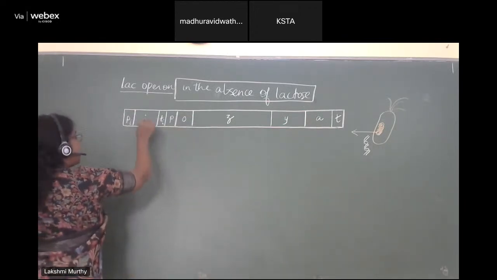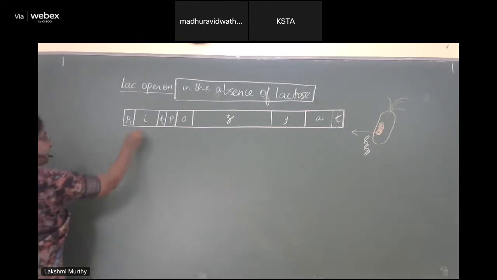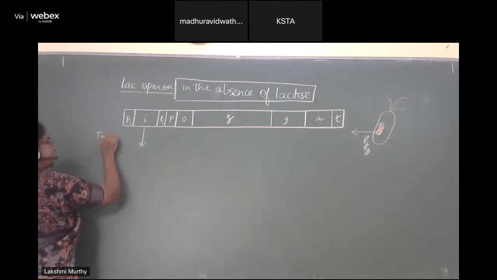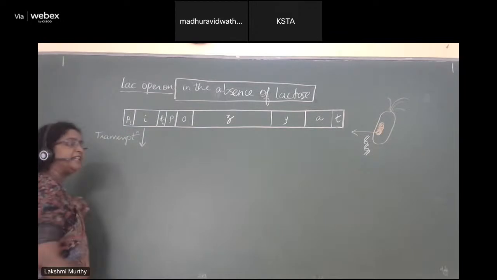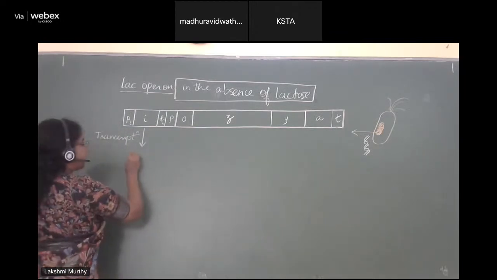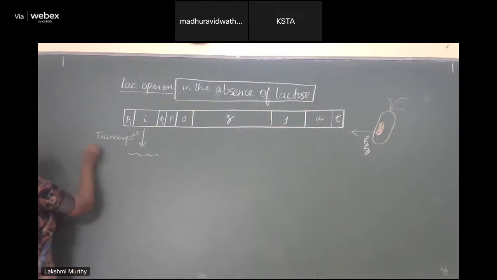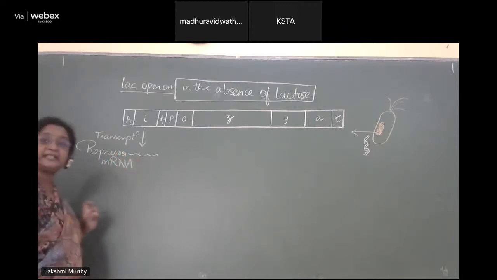At that time, the regulator gene which is present is going to undergo a process called transcription. You know, transcription is where we use a DNA template and we are able to create an mRNA. This mRNA is going to be called repressor mRNA because it is going to make a protein which is called repressor.